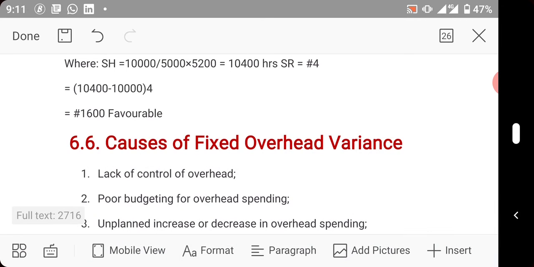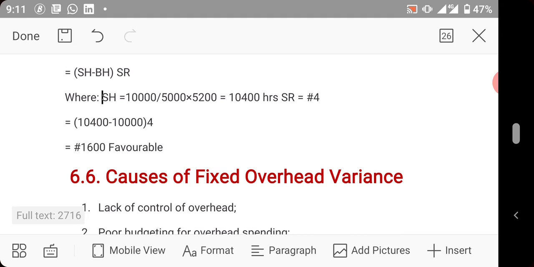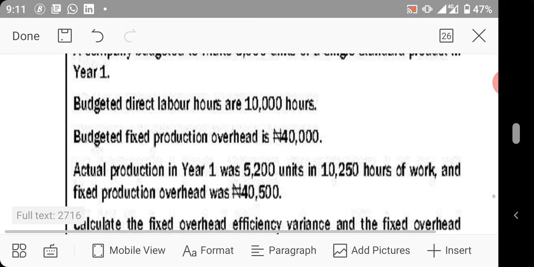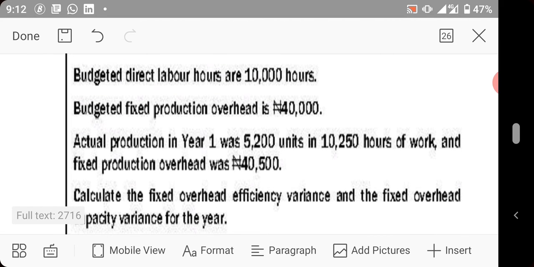Why is it favorable? Because you can see that the standard hour was higher than budgeted because our actual unit increased higher than budgeted. Let's go back to the question. Budgeted unit is 5,000. Actual unit is 5,200.